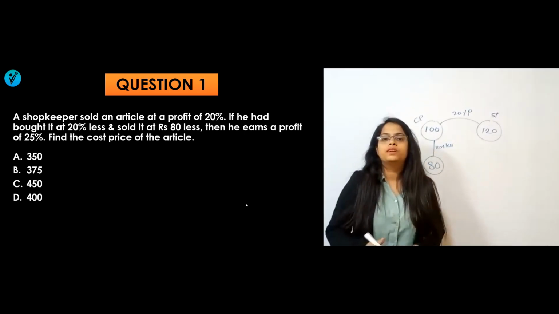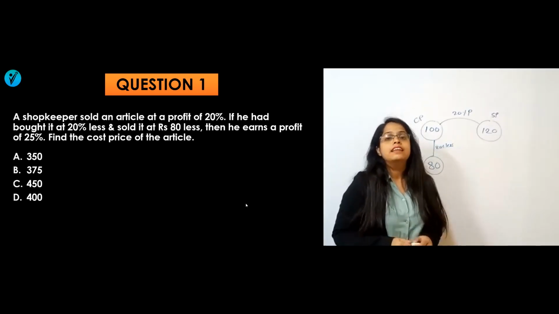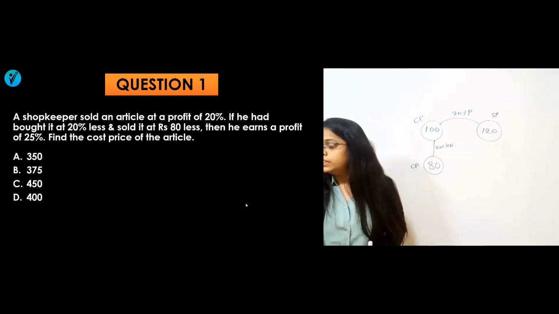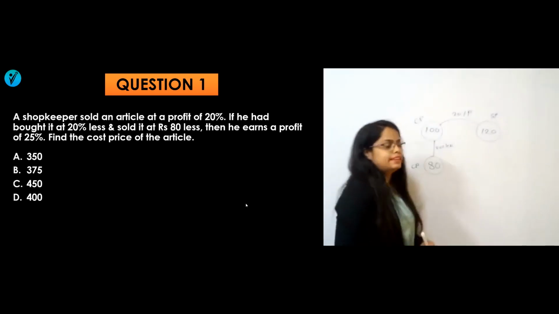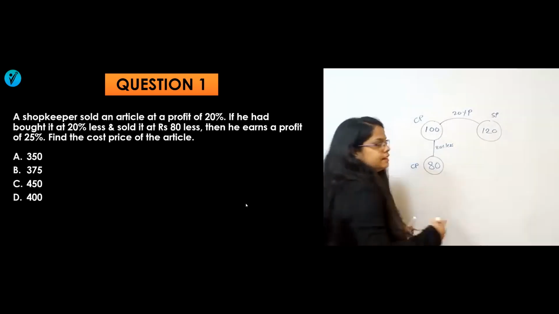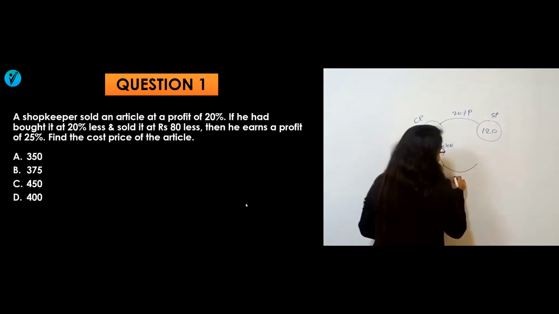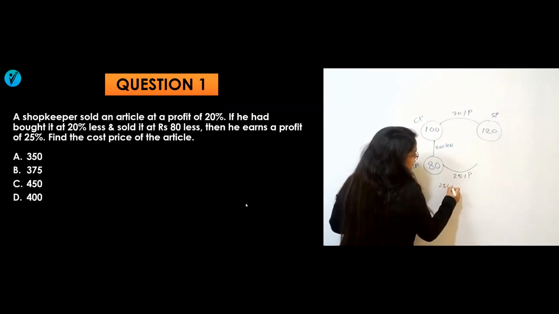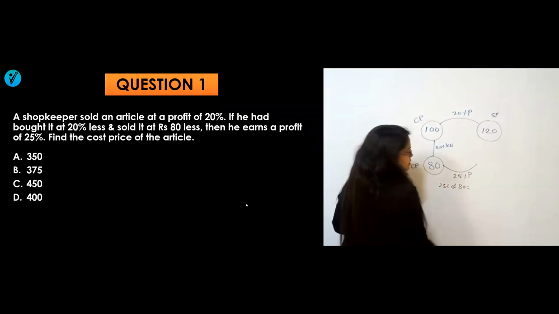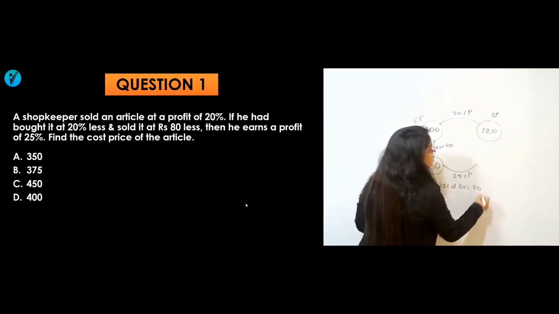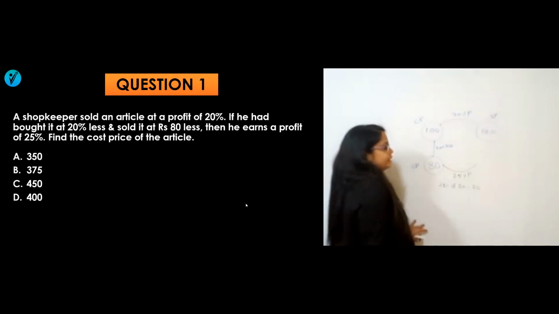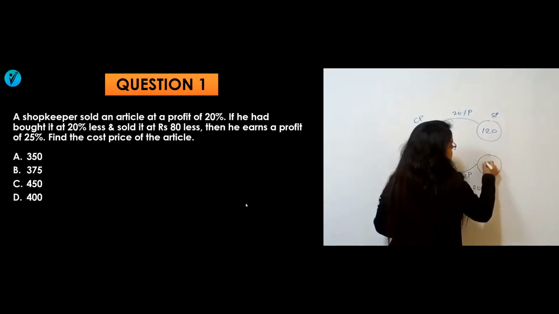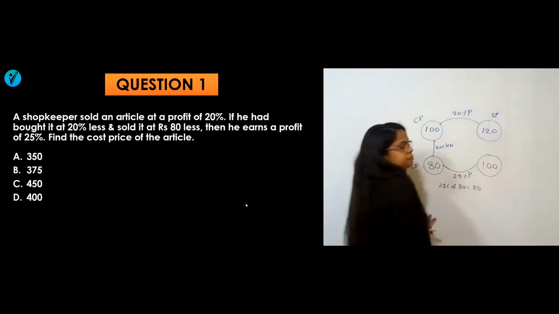And if he sold it at 80 rupees less, then he would have a profit of 25%. So what is 25% of 80? 25% of 80 is equal to 20 rupees. So 20 rupees profit on 80 rupees CP. That means his SP will become 100 rupees.